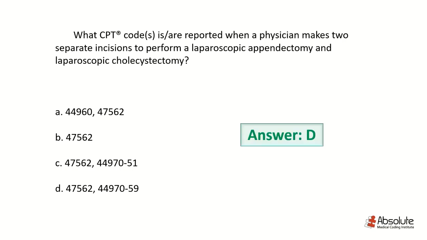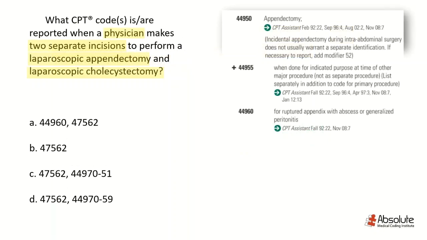All right, so the answer is D, and you guys were teetering between C and D. We have this physician who has made two separate incisions to perform a laparoscopic appendectomy and a laparoscopic cholecystectomy. So we have the 44950, the appendectomy.